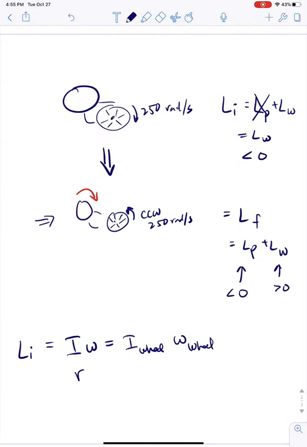We know that the radius of the wheel is 0.5 meters, and the mass of the wheel is 5 kilograms.